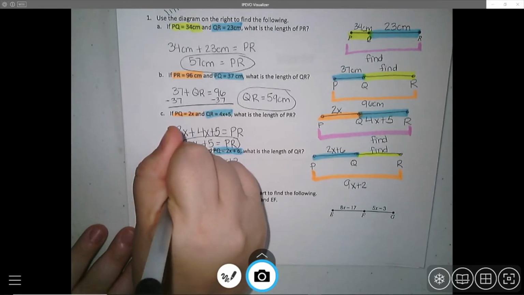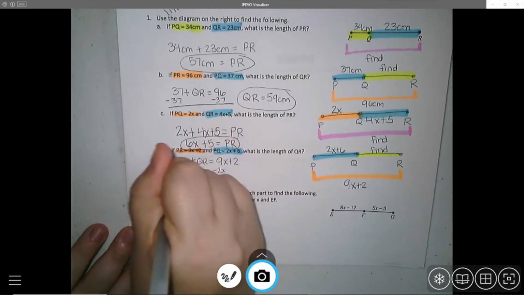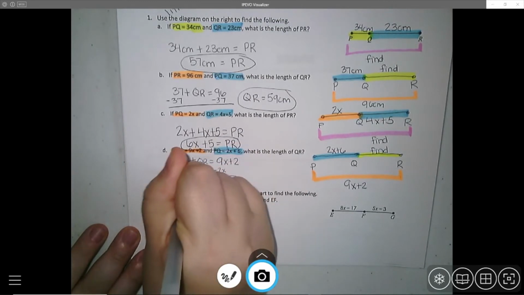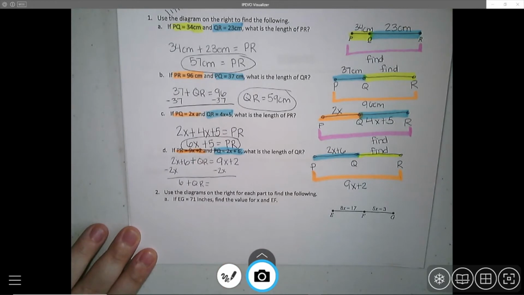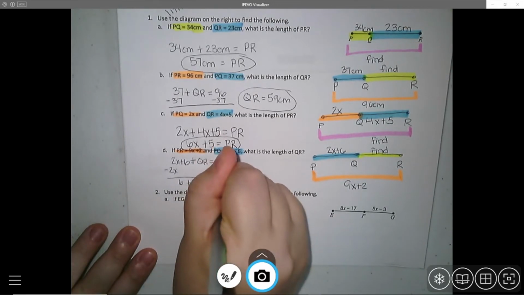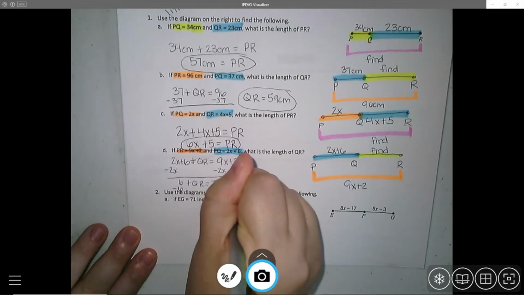So I'm going to subtract 2x on both sides. This gives me 6 plus QR equals 9x minus 2x is 7x plus 2. Subtract 6 on both sides.